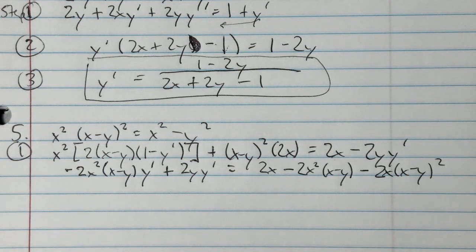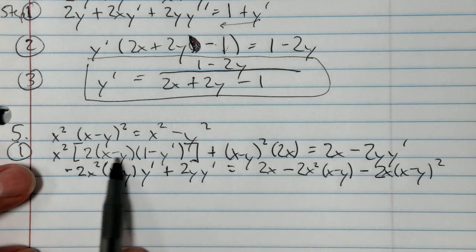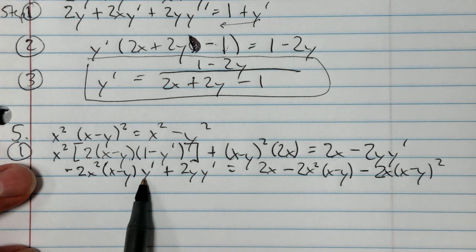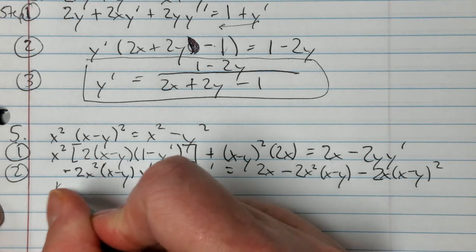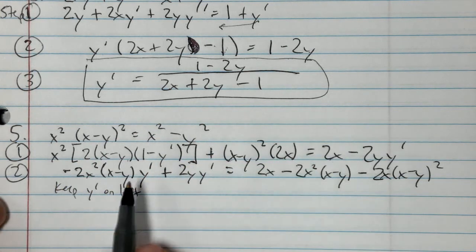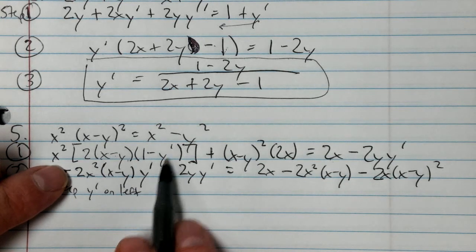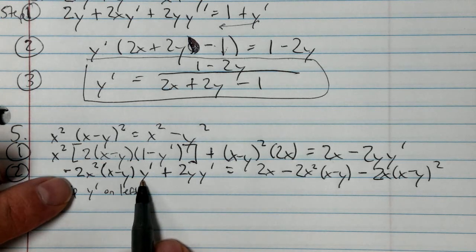Okay, so basically what they did is they distributed this out and they kept the y prime term on the left. And so it's basically this times the negative y prime. So that's how they got that.